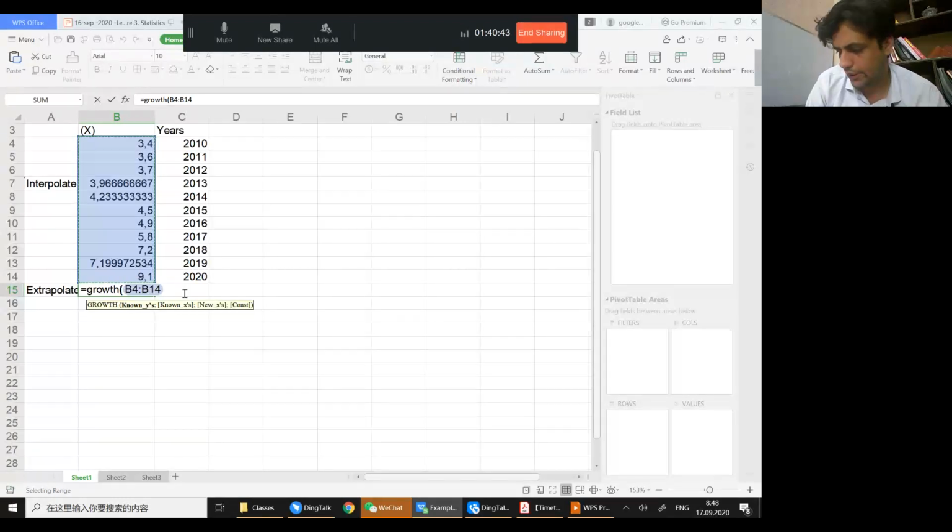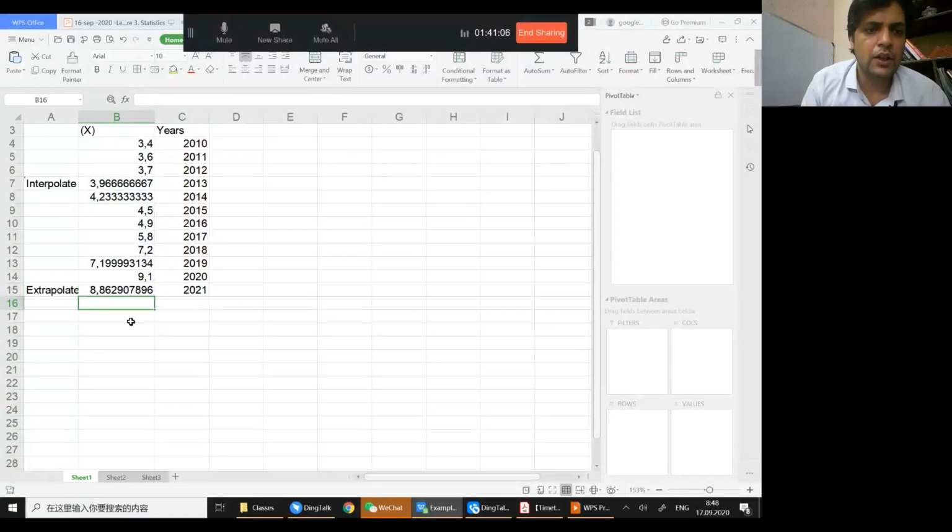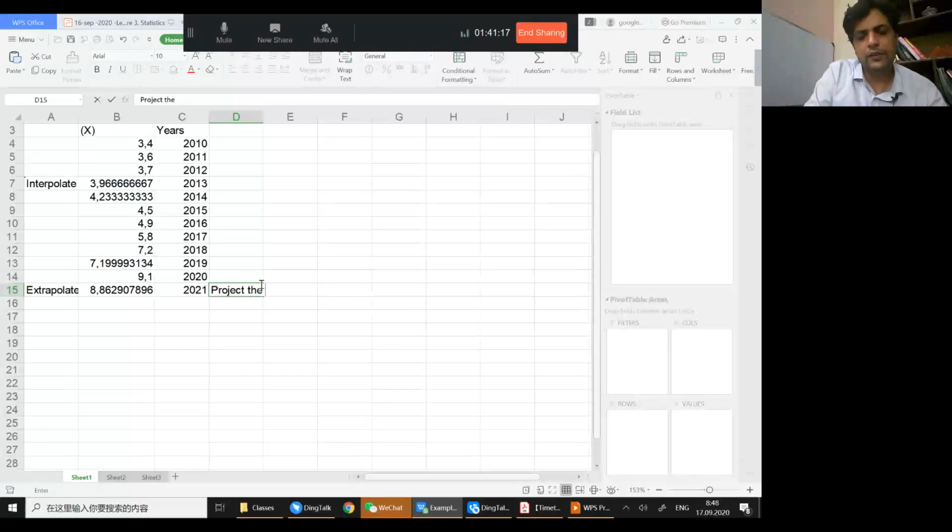But you don't know the X for 2021. Then you put a colon, and the known years, so you know the years up to 2020. Then the year you want to know, you put the last year here, which is 2021. This is C15, which is 2021. Then enter. So you will get the extrapolated data from year 19 for year 2021. So that's how we also project the future value.